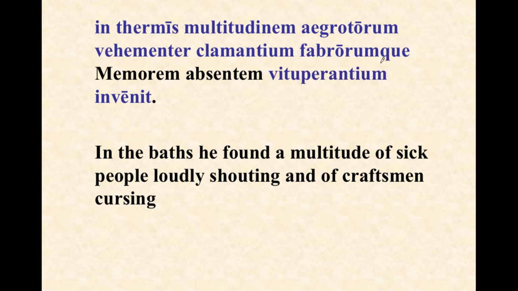This is an I-class genitive plural. But what makes this one particularly interesting, check this out. The present active participle itself is going to have a direct object. Believe it or not, so fabrorum goes with vituperantium.